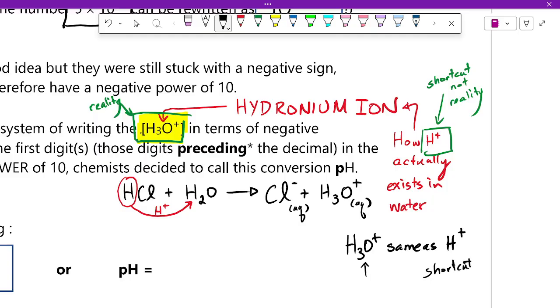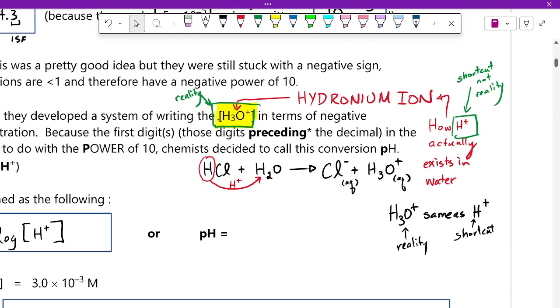This one is reality. So we could also write that pH is the negative of the log of H3O+, the hydronium ion.